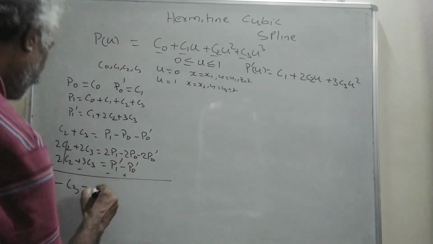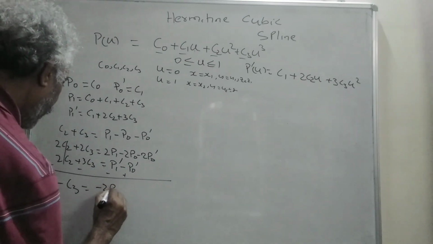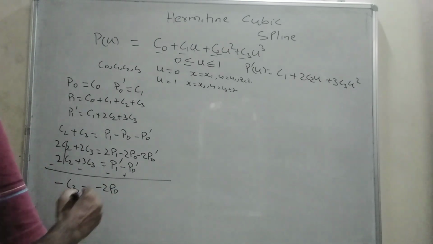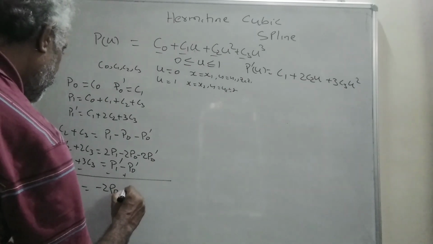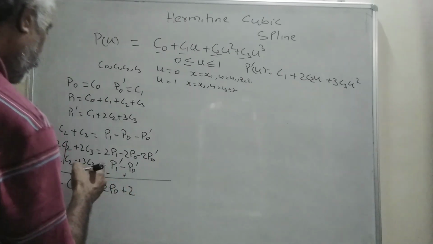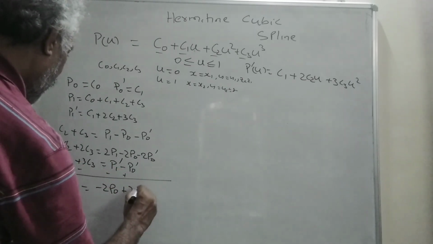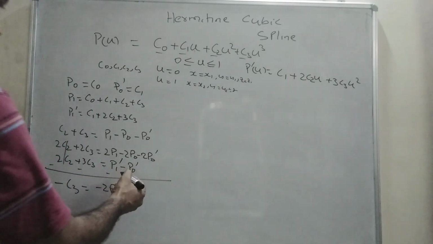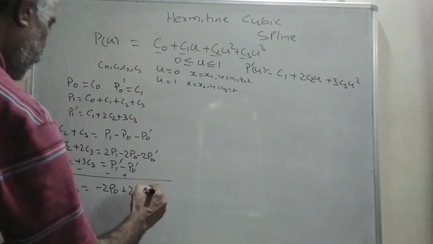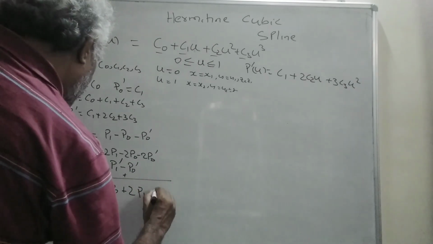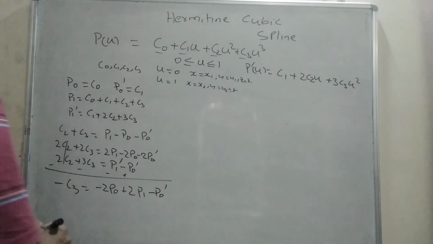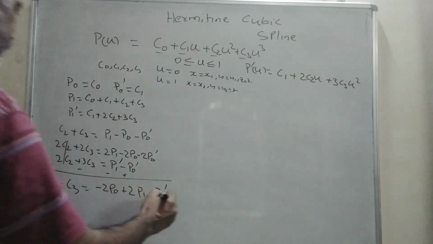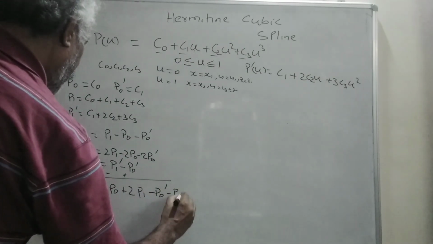This is minus 2P0, so minus 2P0 will be there. Plus 2P1 we are having, plus P0 minus 2P0, that means minus P0 dash and minus P1 dash.